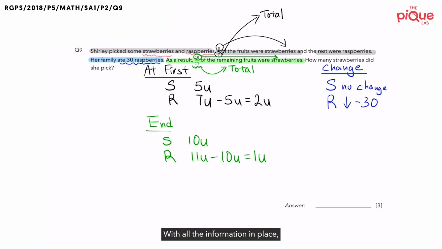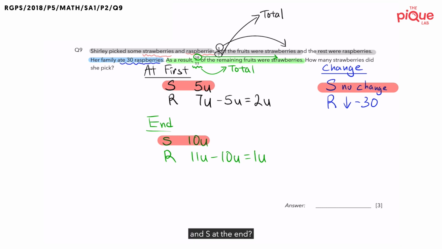With all the information in place, we must ask ourselves, what changed? What did not change? This has been reflected in our change column. S at first is 5 units. We have also indicated that S has no change. But at the end, S has 10 units. So what can you tell me about S at the start and S at the end?